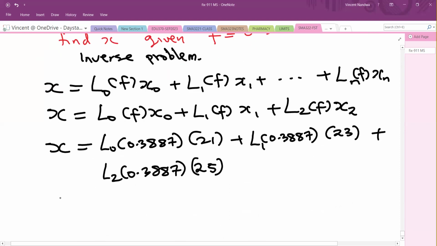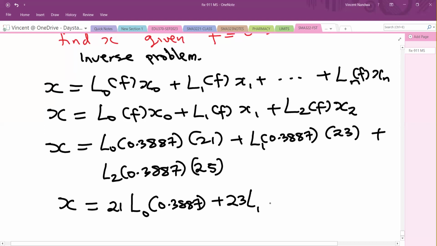So x equals 21 times L naught of 0.3887, plus 23 times L1 of 0.3887, plus 25 times L2 of 0.3887.